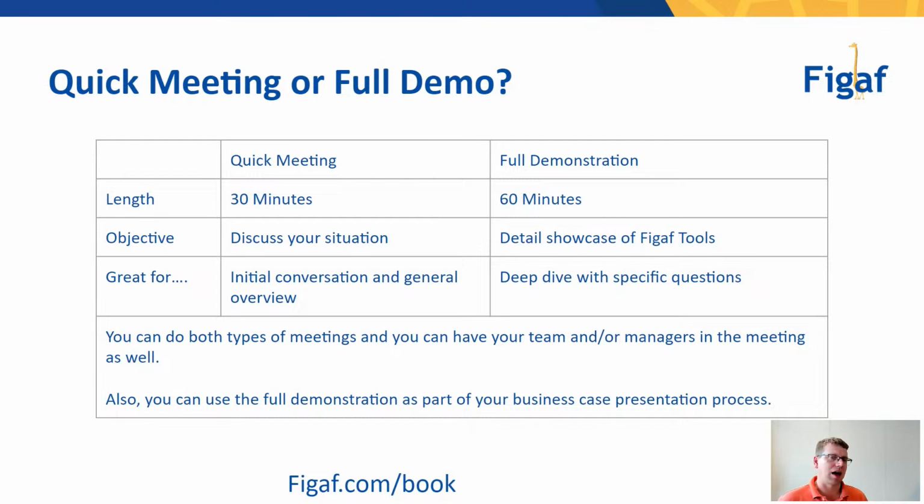So actually I had a 30-minute session with a customer showing what could be done, and they purchased it after just a 30-minute session. So it really depends on where you are and what you want to see, but it is quite easy to go through some of these scenarios.